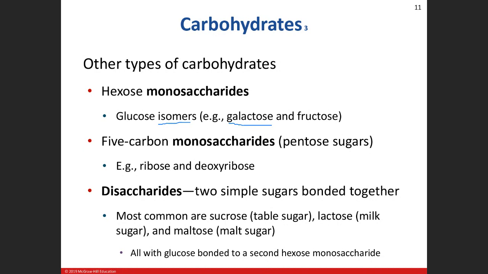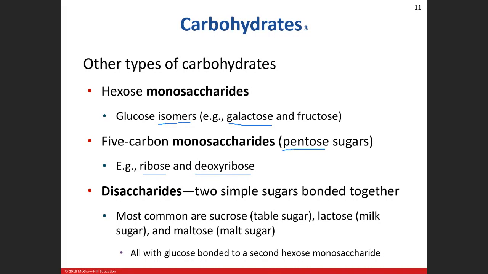That's what an isomer is. It has the same recipe, but it looks different. Then we also have our 5-carbon monosaccharides, our pentose sugars. These are important because, if you remember when we were talking about DNA and RNA, ribose and deoxyribose make the backbones of our DNA. Those are called pentose sugars.